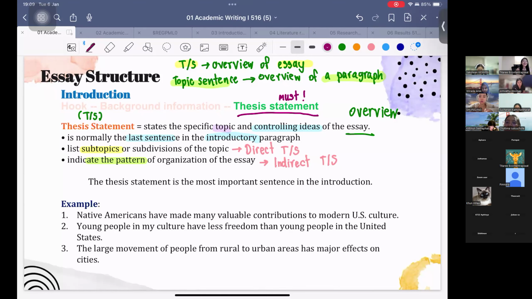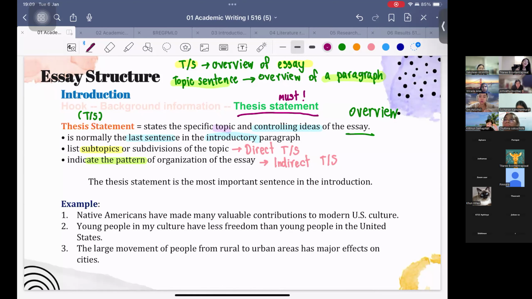So yes, you heard the word overview before from the idea of topic sentence. That's why I provide the reference of the meaning at the top. For thesis statement, I use the abbreviation T/S. The thesis statement provides an overview for the whole essay.